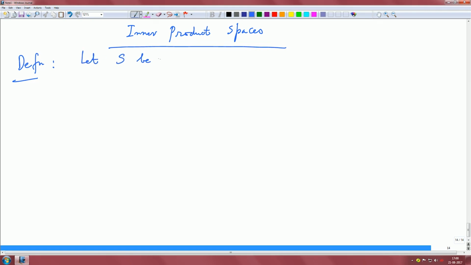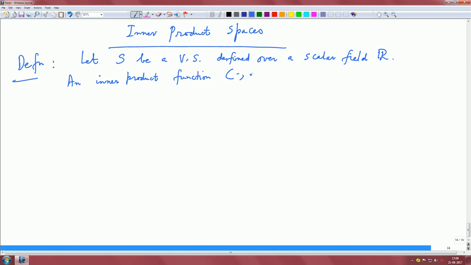Let S be a vector space defined over a scalar field R. An inner product function is basically a function from S cross S, the Cartesian product of this vector space, to R. That means I should take two vectors, right.